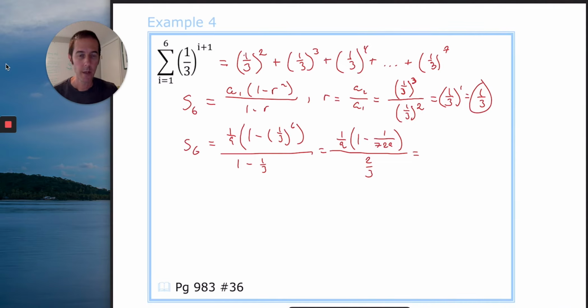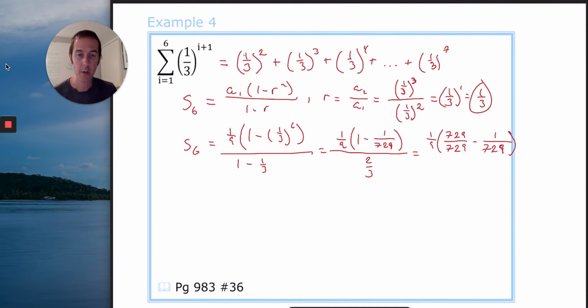All right, inside my parentheses there, that does say 1 over 729, by the way. There you go. In order to do that subtraction, I'll need a common denominator. So I'm going to write this as 1 over 9 times 729 over 729, which certainly equals 1, minus 1 over the 729.